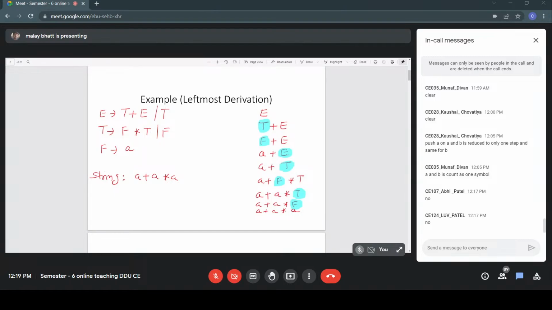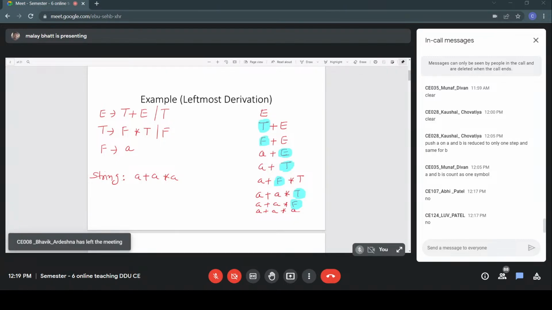From E, if you want to derive the string a plus a into a, we replace E with T plus E. T will be the leftmost variable occurrence or non-terminal, so we apply the rule on it. T is converted to F, so we get F plus E. Again, F is the leftmost non-terminal, so we apply the rule on it, replacing F with a.